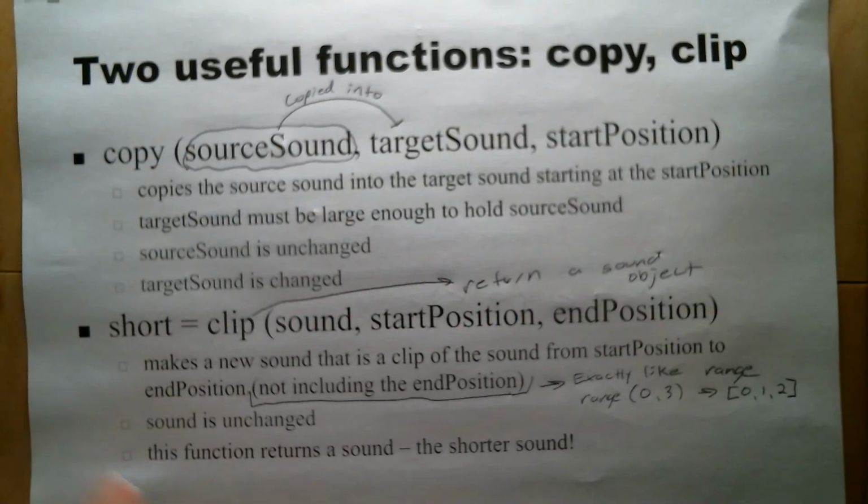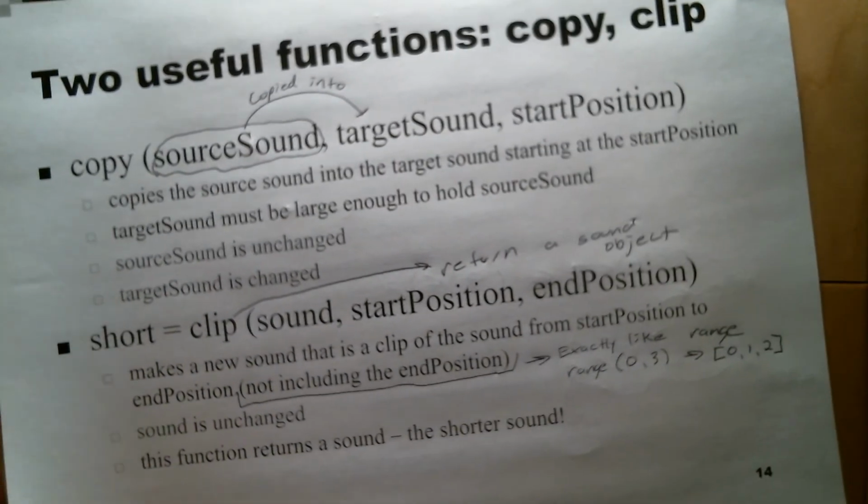So it returns a sound, which is the shorter sound, the piece that you clipped off. As we work through some of the activities and labs, these are two things that are going to be very useful to us and that we're going to use over and over and over again. All right, so let's take a closer look at how these actually work.